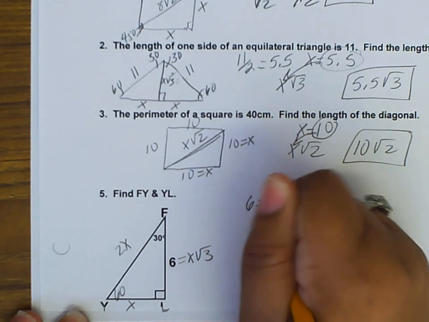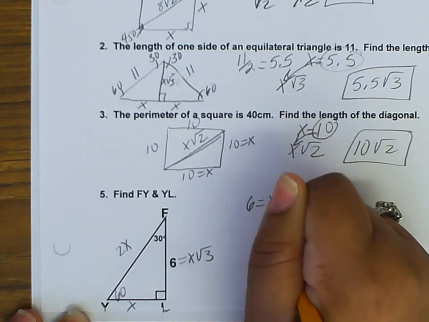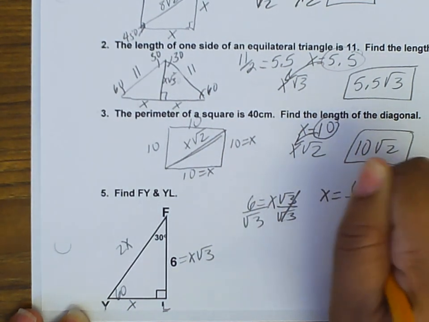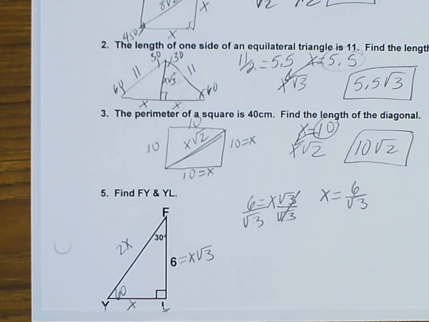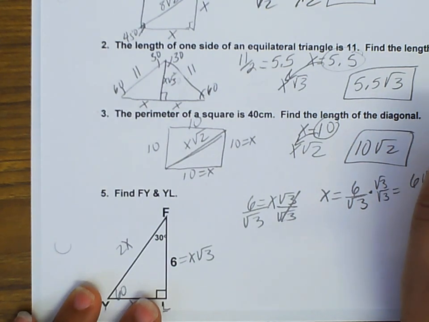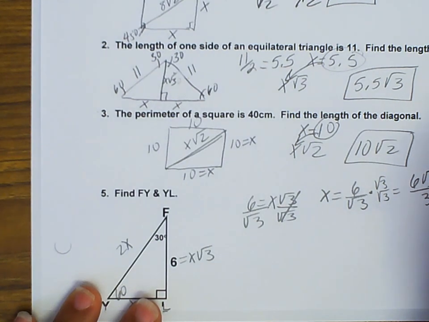So we have 6 equals x radical 3. You divide the radical 3 out, so x equals 6 over radical 3. Okay? Technically, you don't leave the radical on the bottom, so you would multiply both of these by radical 3. So you get 6 radical 3 over 3, which is the same thing as about 3.46.